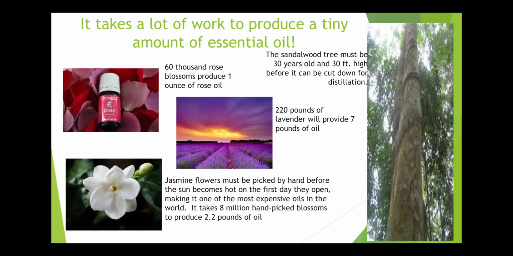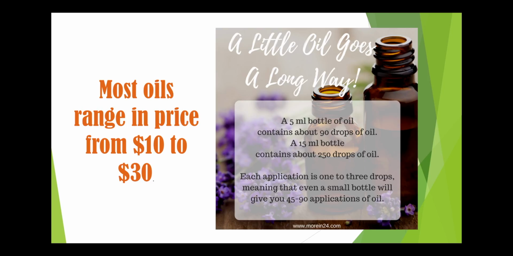This makes it one of the most expensive oils in the world to produce. It takes 8 million hand-picked blossoms to produce 2.2 pounds of oil. And lavender, it takes 220 pounds of lavender to produce 7 pounds of oil. So for a little bit of oil, it takes a whole lot of work. But the good news is, this is the silver lining.